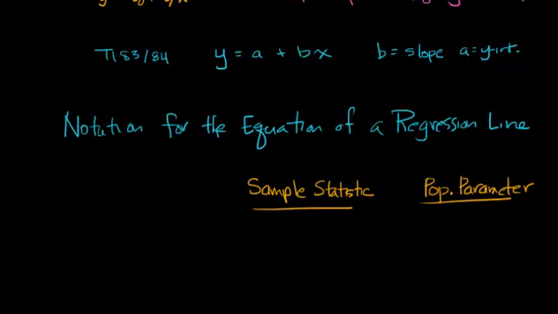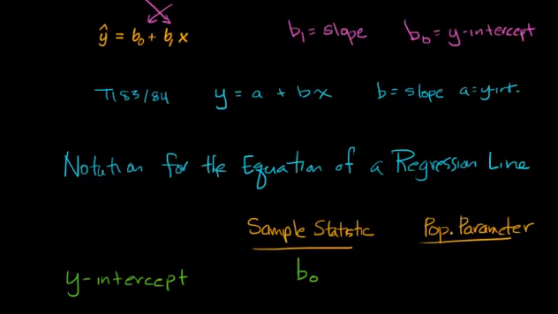First, the y-intercept. The notation in our textbook has that as b sub 0. Remember we said that up here. B sub 0 is the y-intercept. And for the parameter, recall that for the most part our parameters use Greek letters, so we'll use the letter beta sub 0. Statistic, just the regular English letters. Parameter, we use the Greek letter.